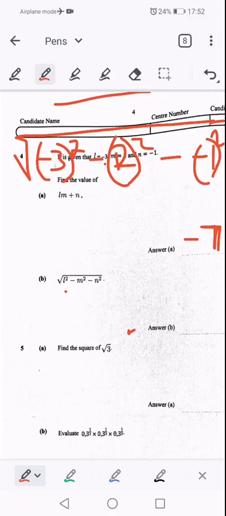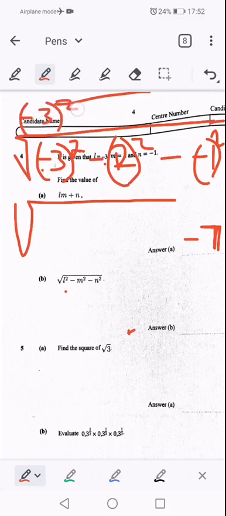Then I'm looking for minus 3 squared. What does it mean? It means minus 3 times minus 3.